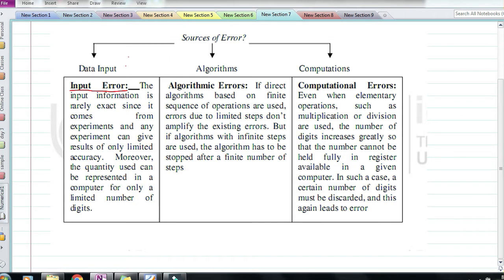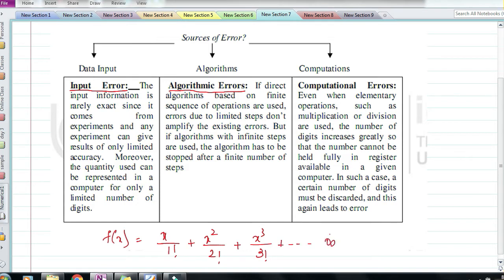Okay. Next is algorithmic error. If we have an infinite series expansion, say a power series expansion which says x by 1 factorial plus x square by 2 factorial plus x cube by 3 factorial, like this it goes on up to infinity.